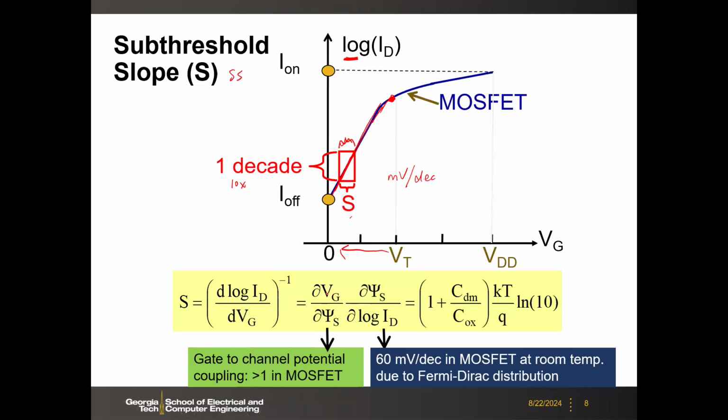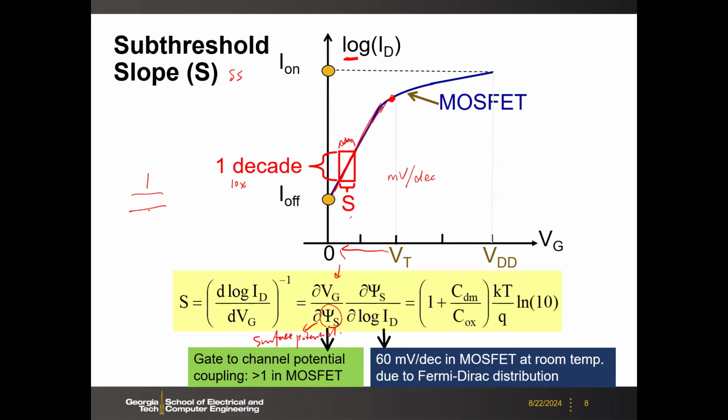So here, the partial derivative of VG over this phi S. Phi S is the surface potential. So this surface potential is the voltage at the surface of the silicon, which is related to the gate voltage.